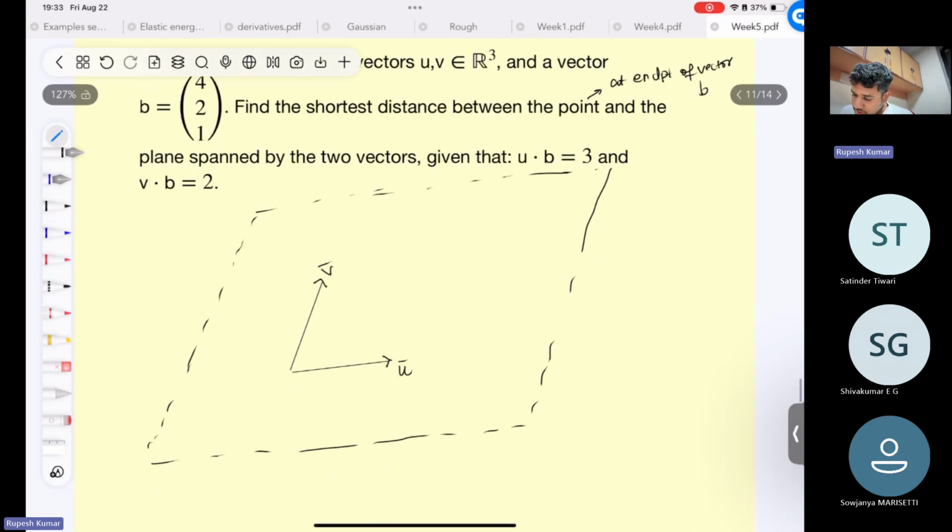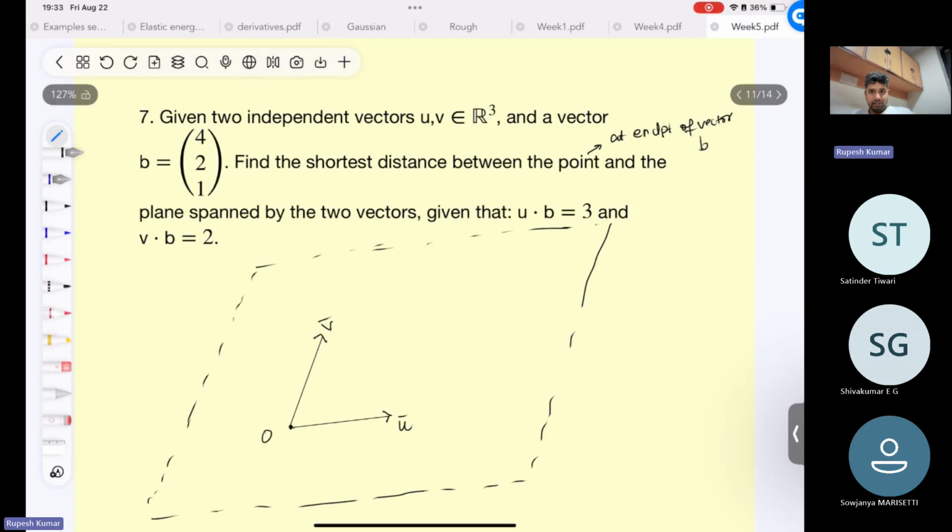Let's say this is the origin for this space. Now we have a vector that originates from the origin and goes to the point 4, 2, 1, right? So let's take this vector.